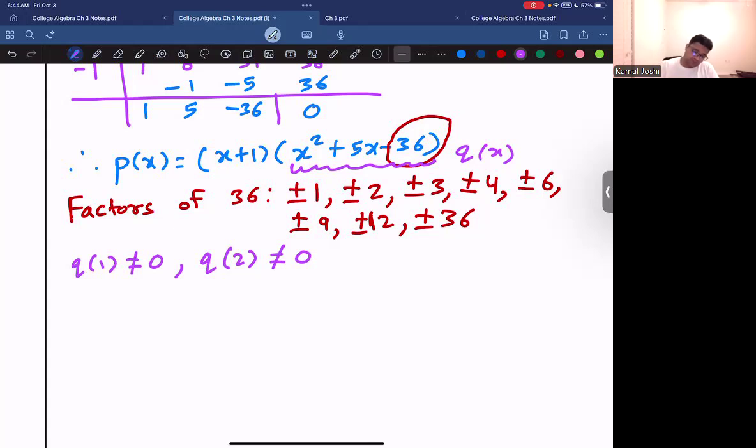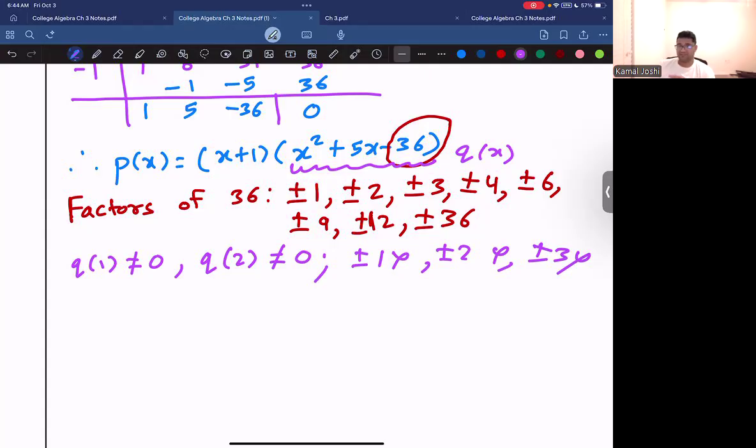So what doesn't work? Plus minus 1 will not work. Plus minus 2 will not work. I can see it easily. You don't have to even write this actually, if you can mentally work it out quickly. Plus minus 3 also is not going to work, but you can verify. 3 square is 9 plus 5 times 3, 15. 9 plus 15 is 24.